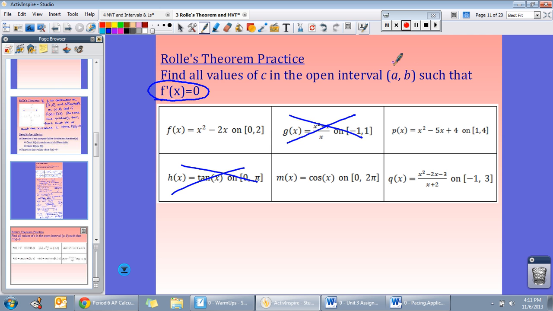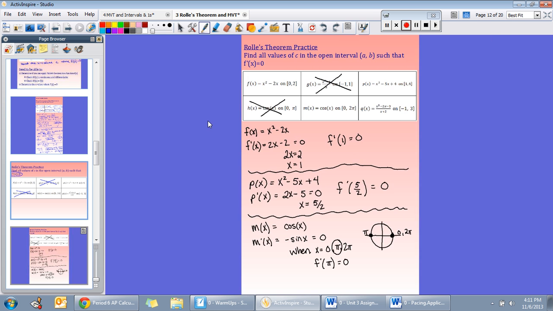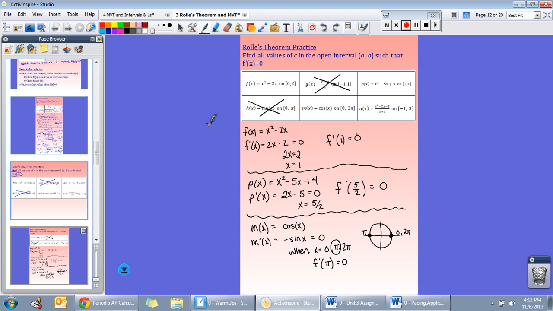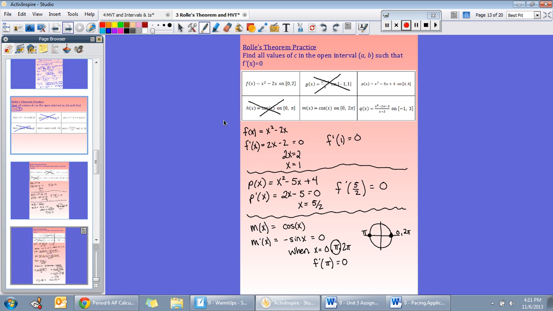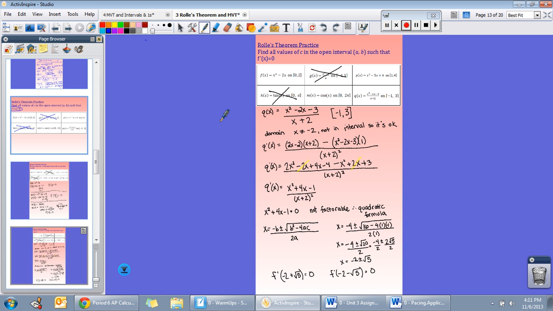Have you done them all? Here are my solutions to f of x, p of x, and m of x. Here's my solution to q of x.